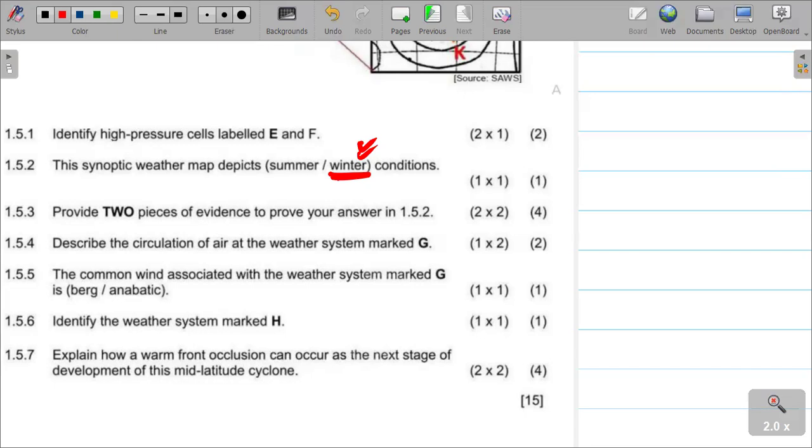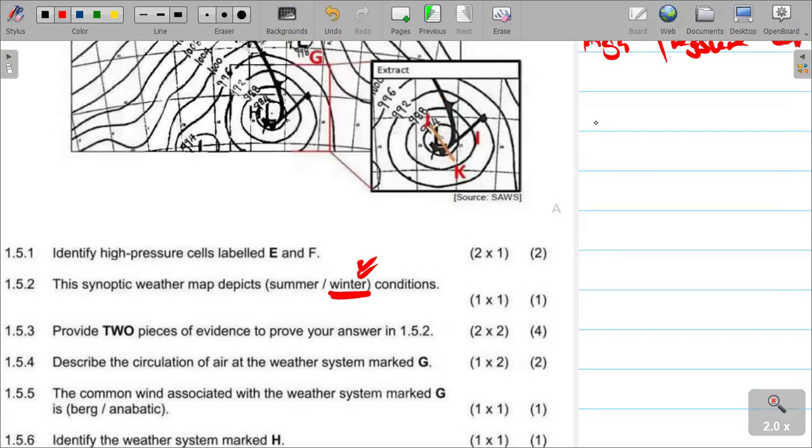This can be told because of the cold front, question 1.5.3. We are saying two pieces of evidence.